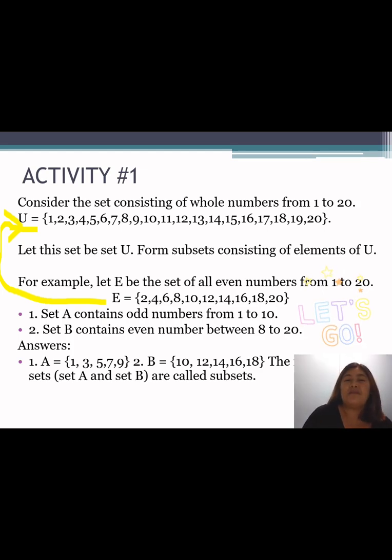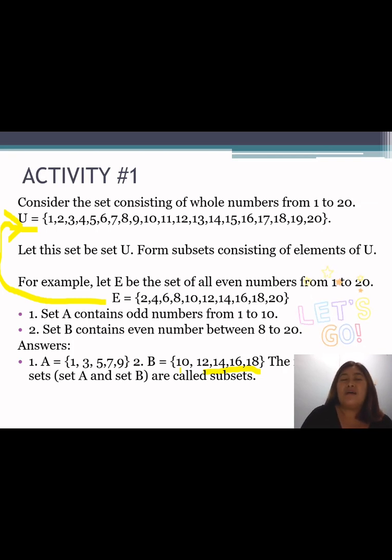Another example is set B, which contains even numbers between 8 and 20. What are those? 10, 12, 14, 16, and 18. Why do you think 8 is not included and 20 is also not included?